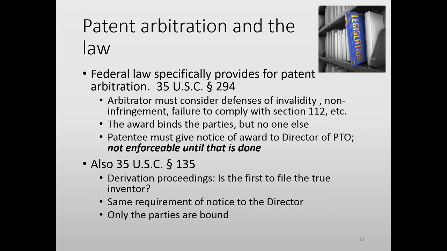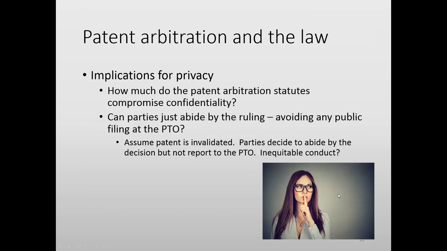There's also 35 U.S.C. 135 for derivation proceedings, which asks the question, is the first to file the true inventor? And it has the same requirement of notice to the director, and only the parties are bound by that as well, which makes sense because it's the patent office's ultimate responsibility to decide who the right inventor is. So there are implications for privacy that arise out of that.